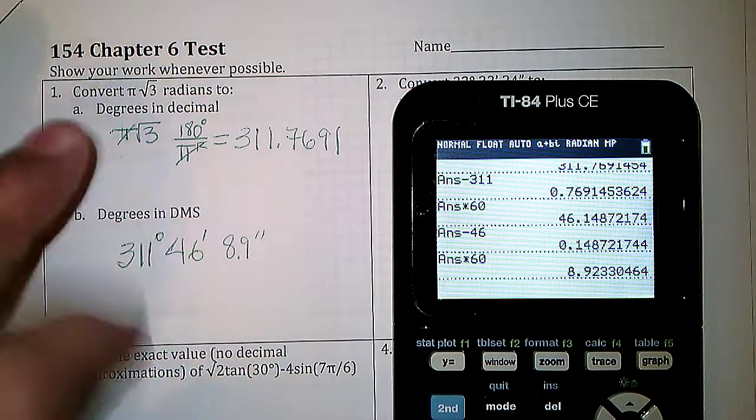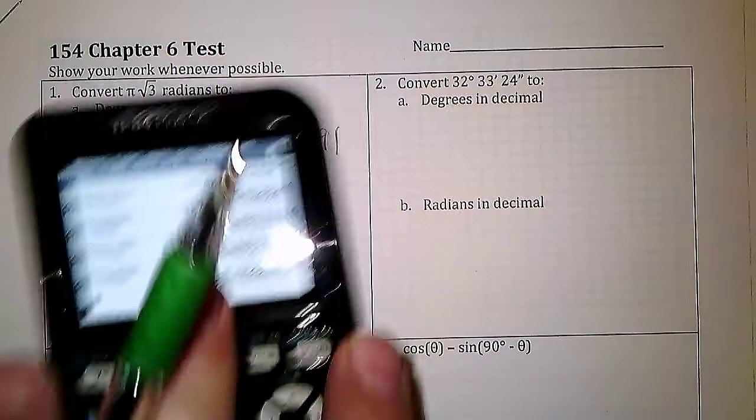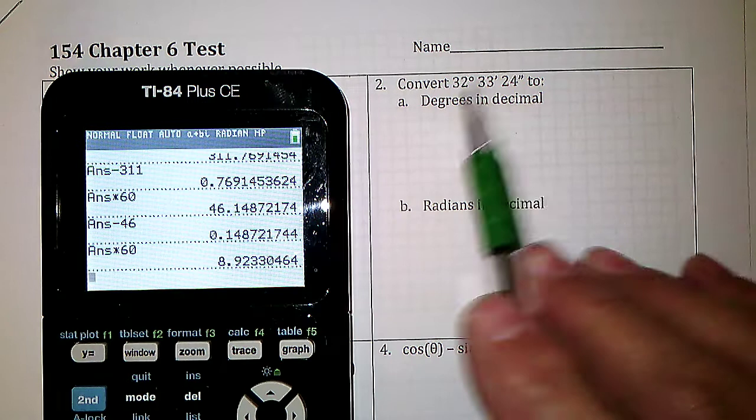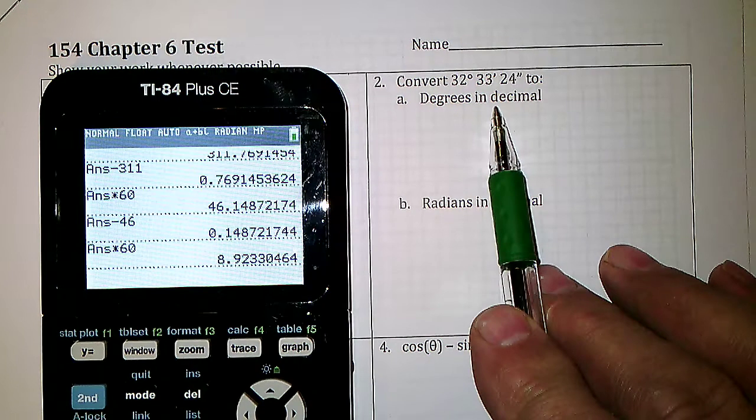So that's 2 points each, 4 points total on that problem. Over here, I got to convert degrees, minutes, and seconds to degrees in decimal.